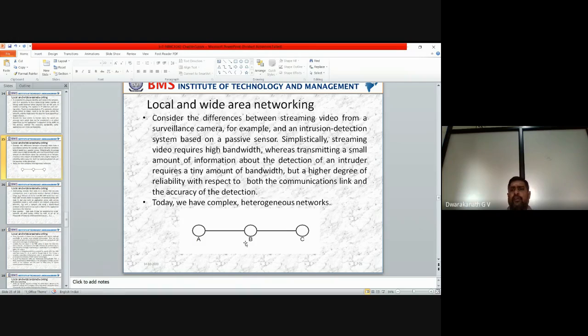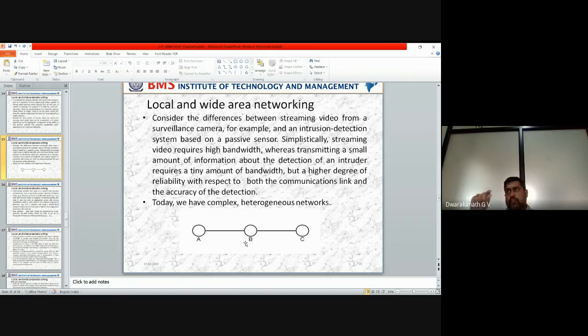The same example is given here: streaming video from a surveillance camera, for example, an intrusion detection system based on a passive sensor. You will place one sensor within that particular camera, somebody comes, the sensor will sense that and intimation will be given. So simplistically, streaming video requires a high bandwidth.